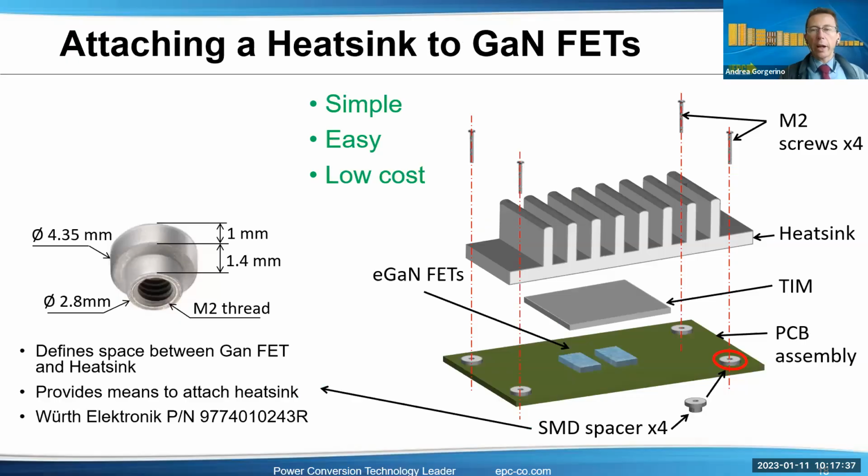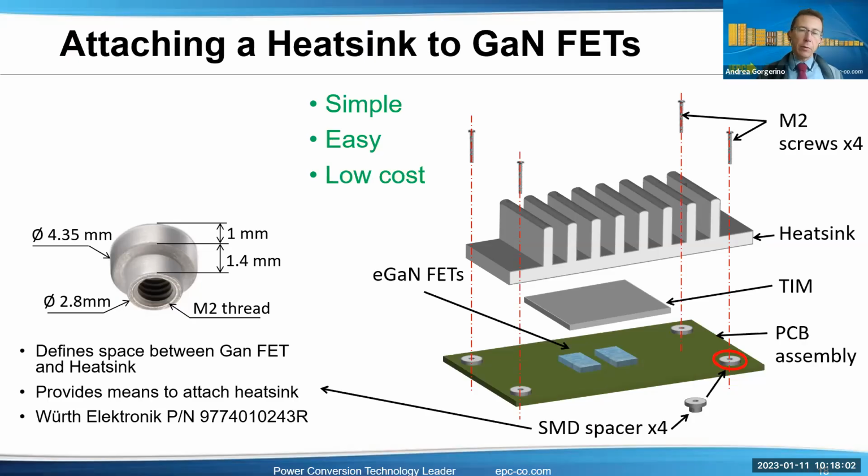But the second way to extract heat from our devices is from the top of the device. As I showed in the table, we have very low thermal resistance from junction to the top. And to take advantage of this, we have this very simple, easy, and low cost method of doing that. We're using these little standoffs, which are mounted during the reflow of all the other components of the board.